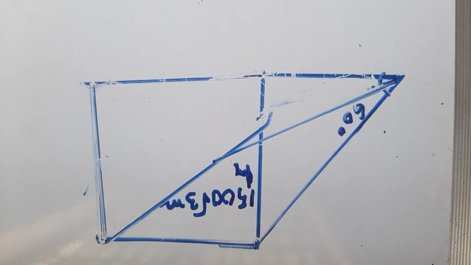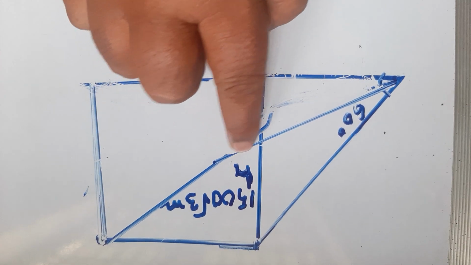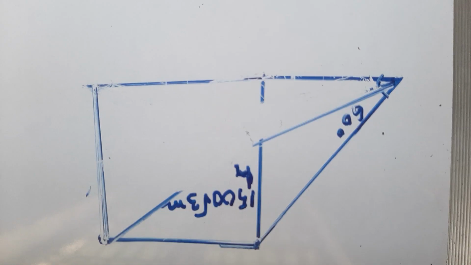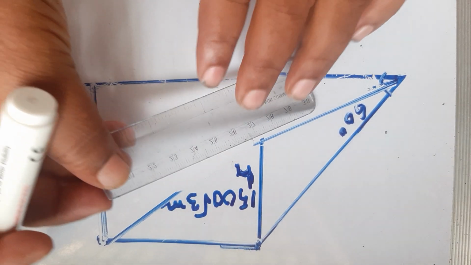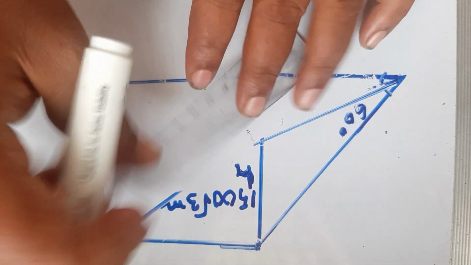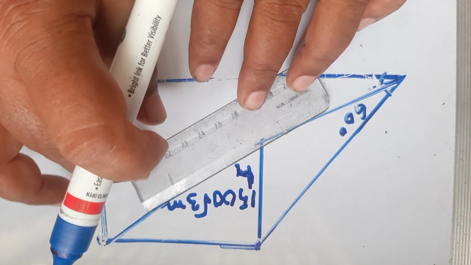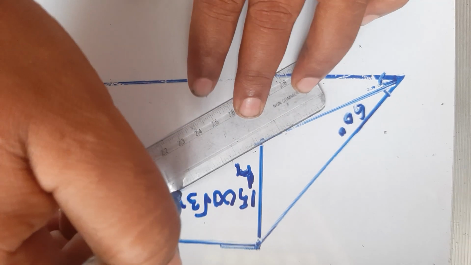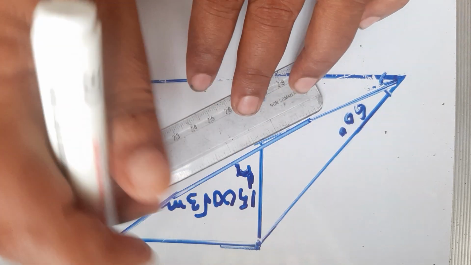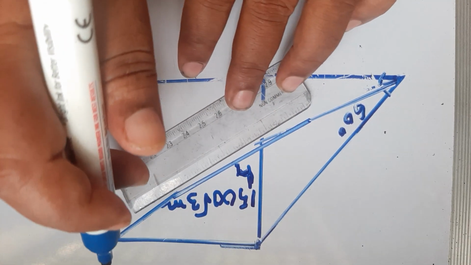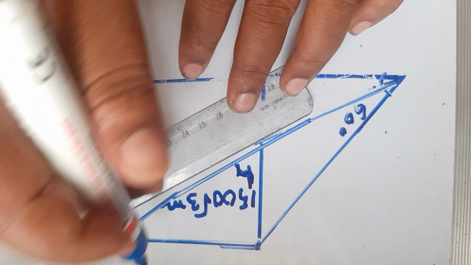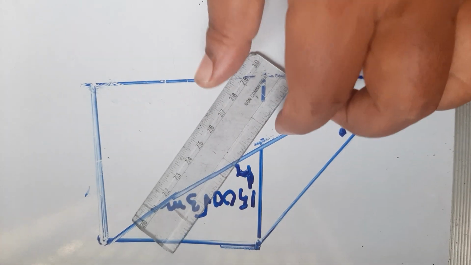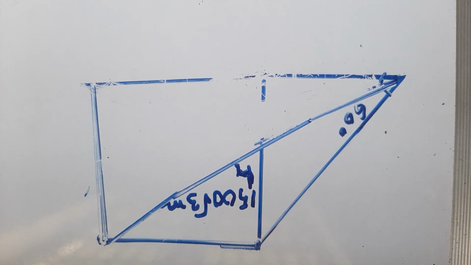This is the angle, I am just rubbing this. We must draw this point exactly. The diagram is taking some time.